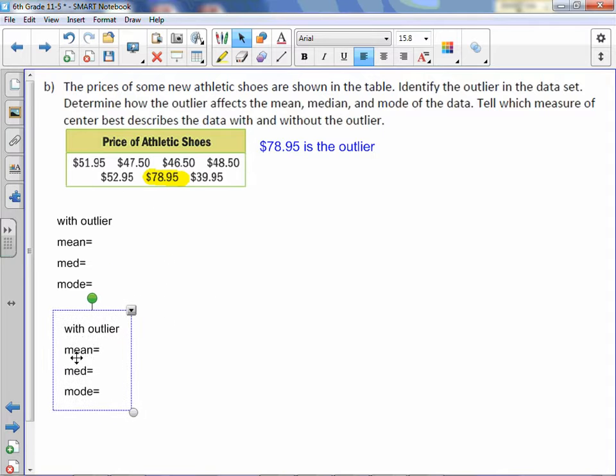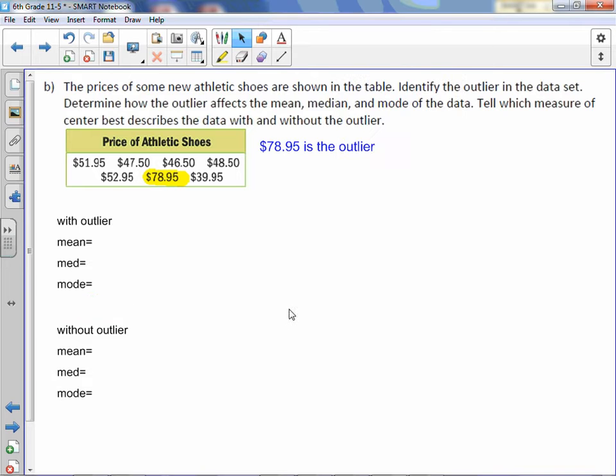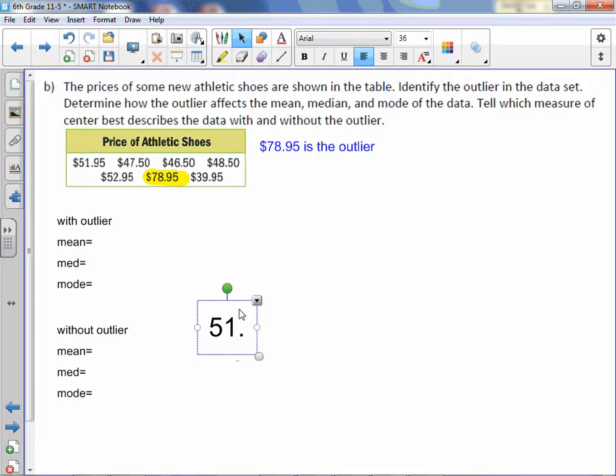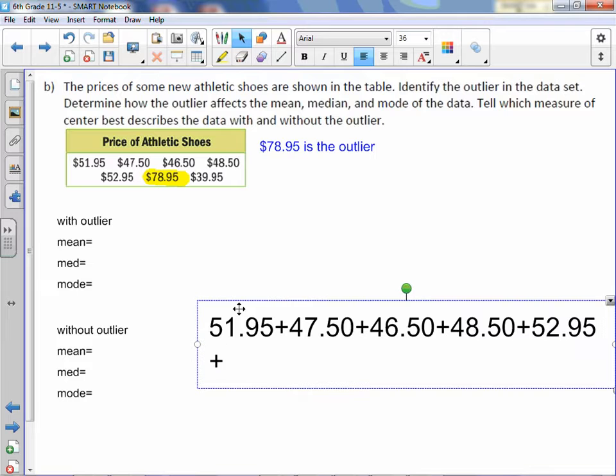Let's just set up our information here. Okay. So let's find the mean. To find the mean, we're going to add up all the values and divide by the total amount. 51.95 plus 47.50 plus 46.50 plus 48.50 plus 52.95 plus 78.95 plus 39.95.